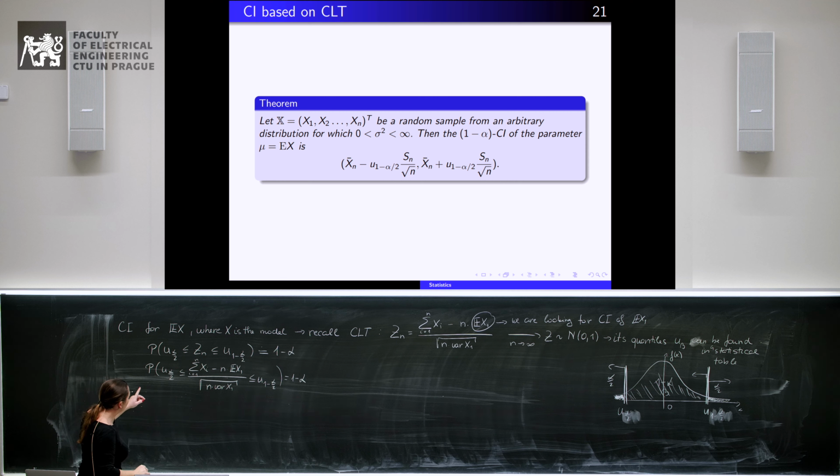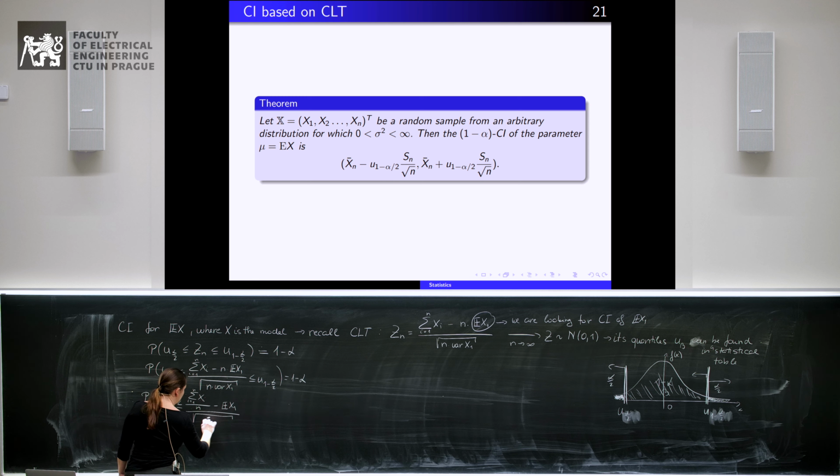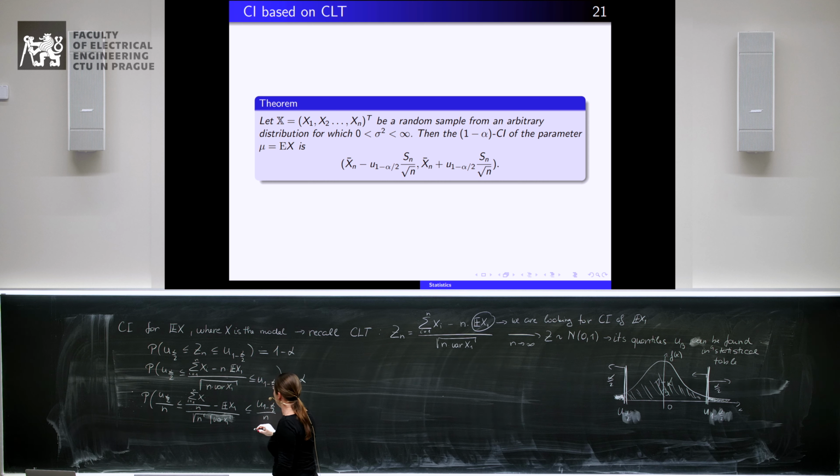Now we can divide everything by n. So of course only the numerator was divided by n.